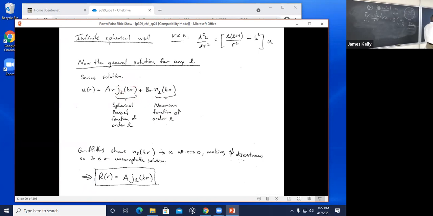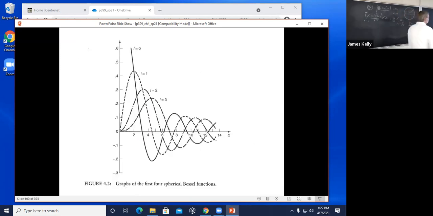J, the spherical Bessel function, doesn't behave badly at r equals 0. Notice there were r's out in front here, that's multiplication of b by r. And so when we divide by r, those r's just go away. We're left with just the spherical Bessel functions.